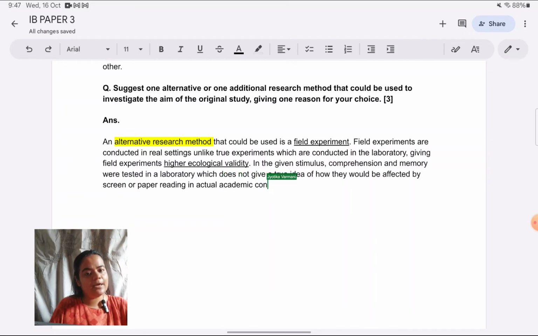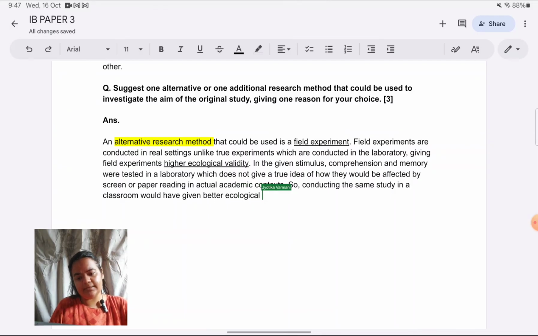So here you can see how I'm contextualizing the point or making it relevant to the given stimulus. So conducting the same study in a classroom would have given better ecological validity. You can also call it external validity. It's just that ecological validity is more specific. External is broad based because it can refer to population validity as well.